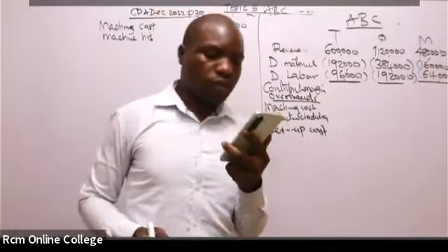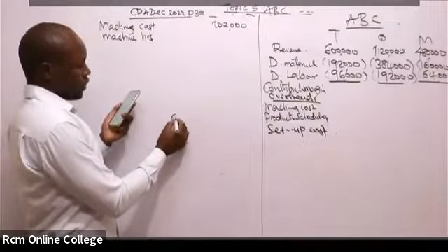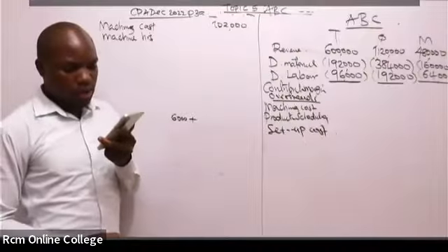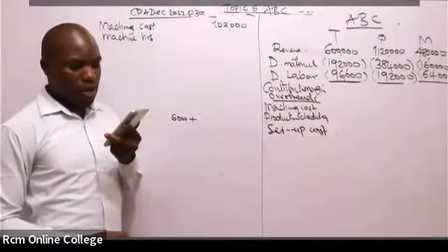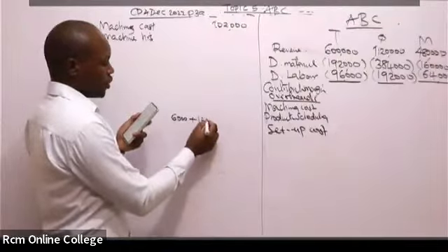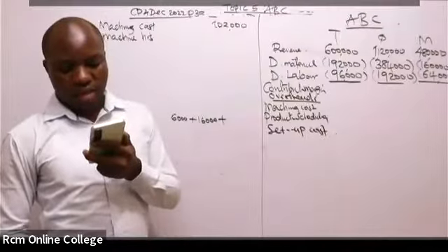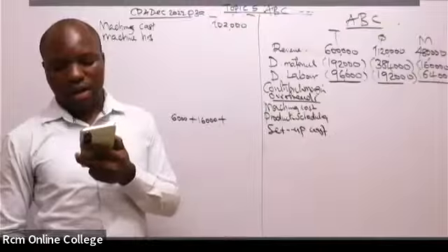So a quarter of 12,000, that will be 6,000, right? Then 16,000 divided by 1 will give us 16,000 machine hours. Then for product M, we are given 1.5.